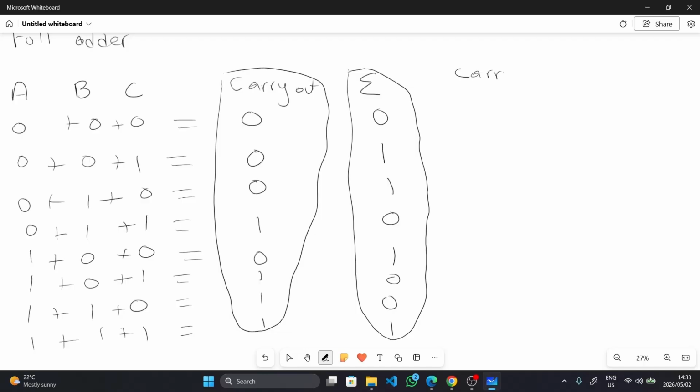Our carry out equation will be something like this: A plus B, our exclusive OR, then another exclusive OR with C. And that will be our sum.